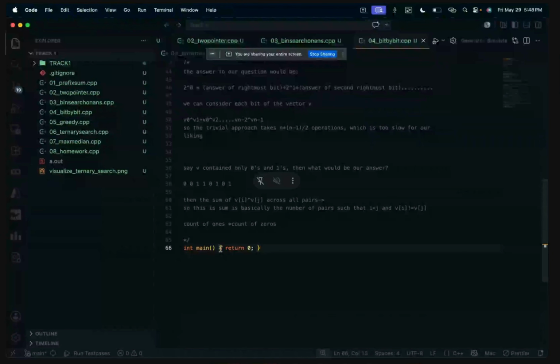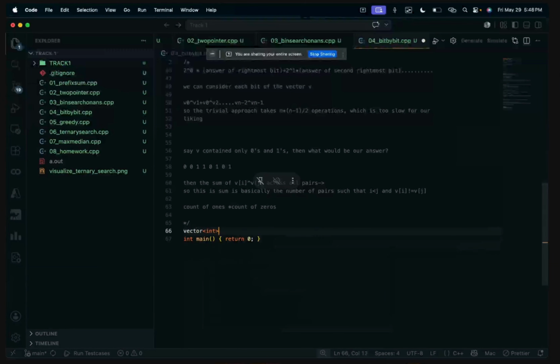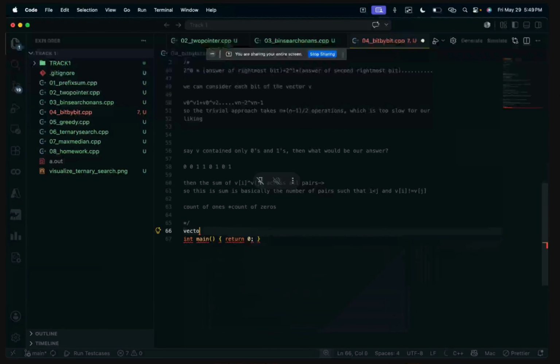So, to implement this, let us plan first.